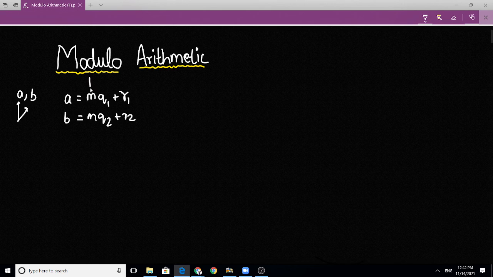For people who have no idea what the division algorithm is, dividend equals divisor into quotient plus remainder.